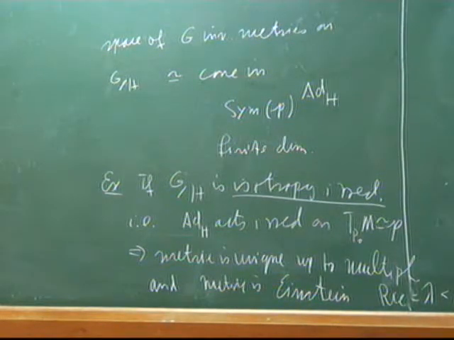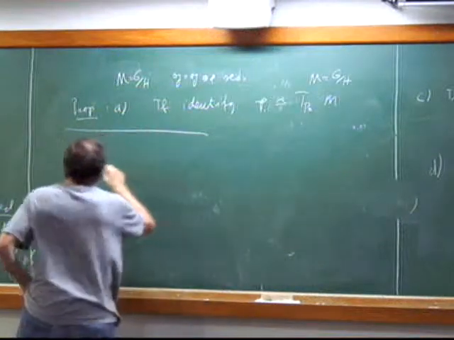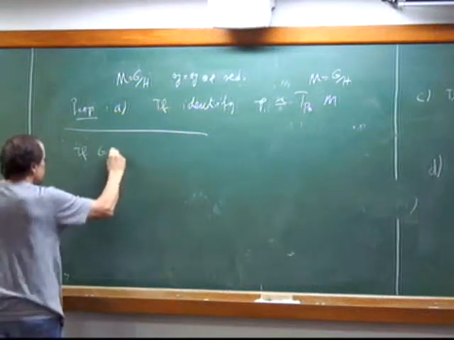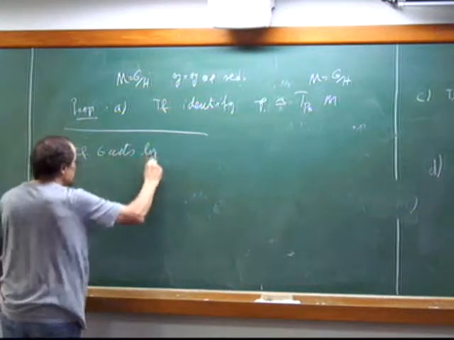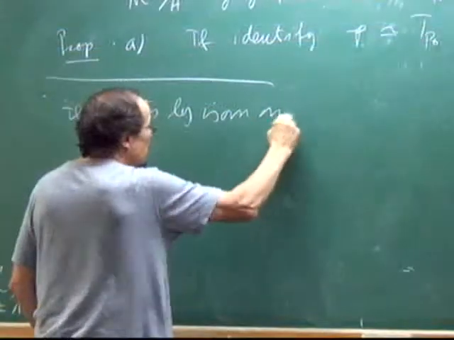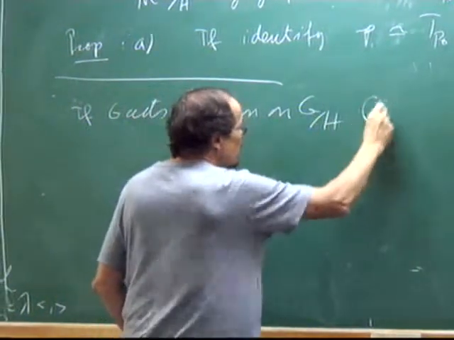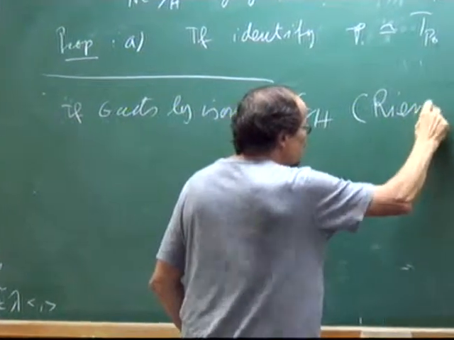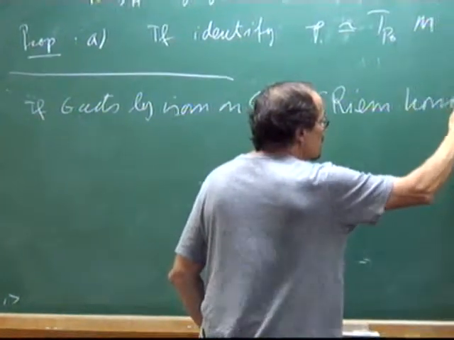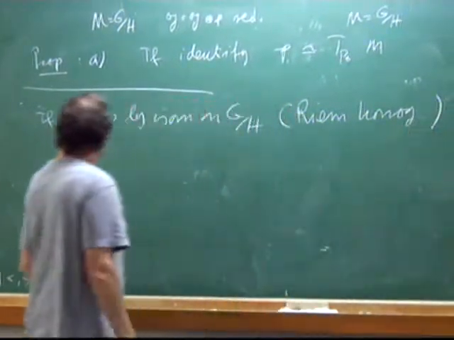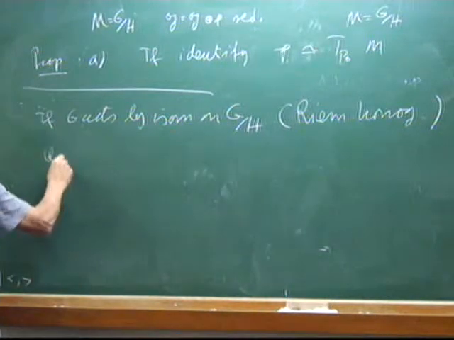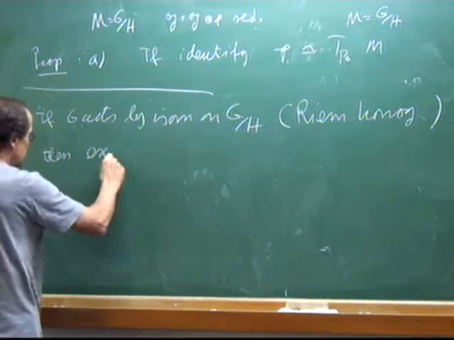Maybe one more comment. If G acts by isometries on G mod H, so it's called a Riemannian homogeneous space, then I claim there exists a reductive decomposition.